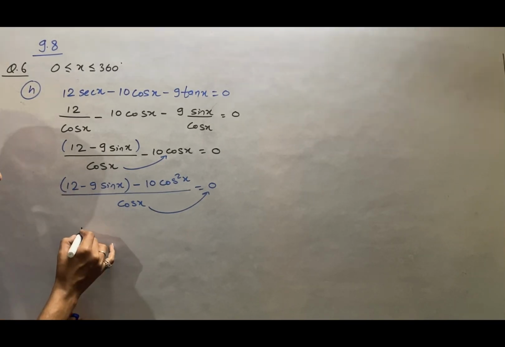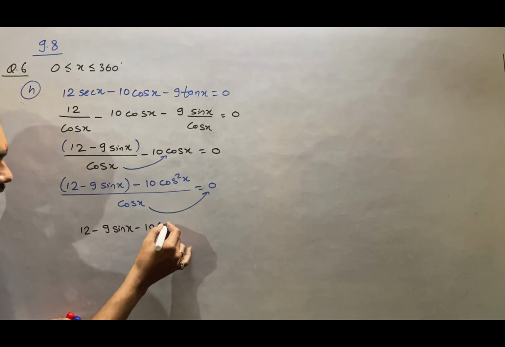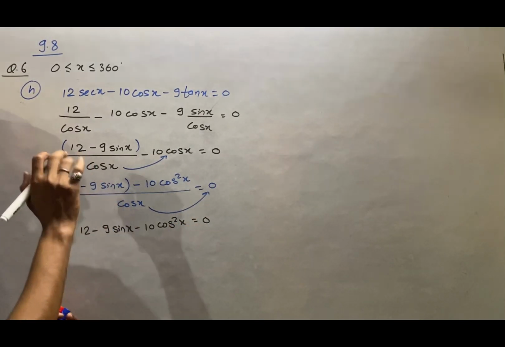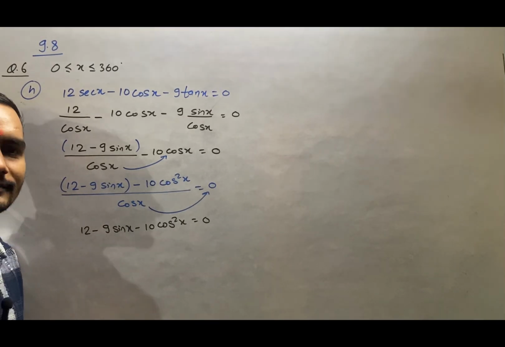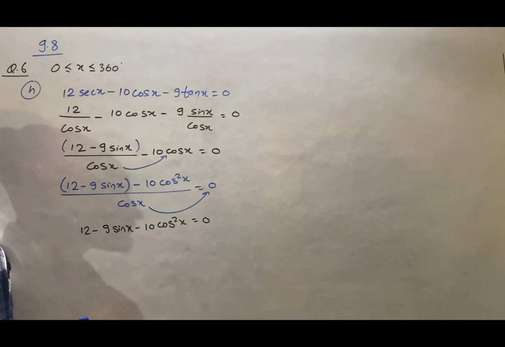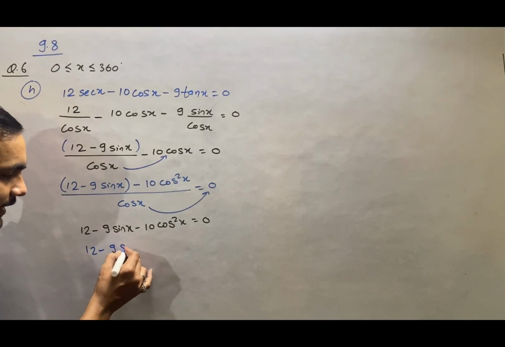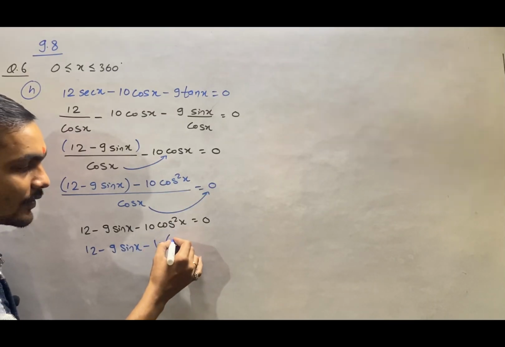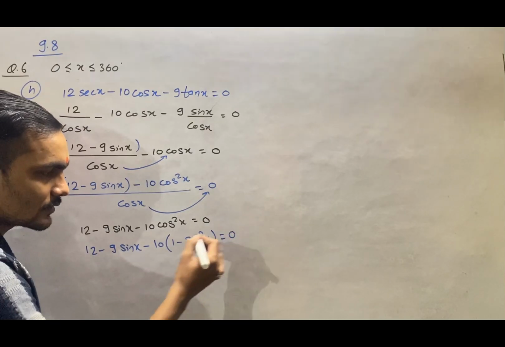So here what we are left with: 12 minus 9 sine of x minus 10 cos square of x equals 0. Now we are left with two functions. So which function can we convert into the other function? Yes. So 12 minus 9 sine of x minus 10 as it is, we can say 1 minus sine square of x equals 0.